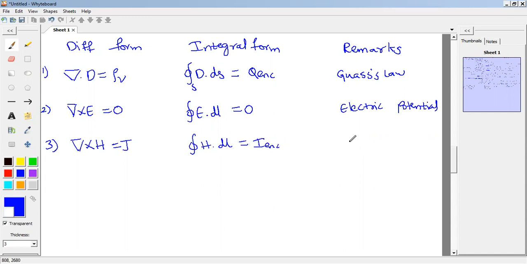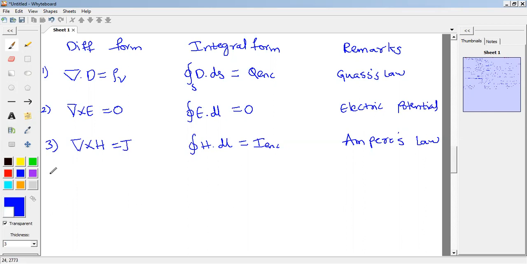This we get from Ampere's law. Ampere's law states that the closed line integral of magnetic field intensity is equal to I enclosed by the path.